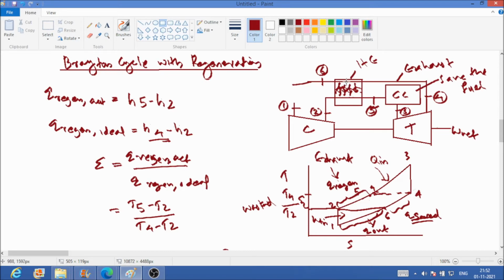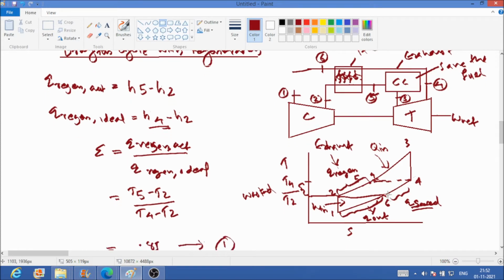That means that much energy is given to the air coming from this compressor. That means the air temperature is decreased from T4 to T6, and this is the Q saved. And 6 to 1, this much energy is given to the atmosphere, which is the wastage of energy.